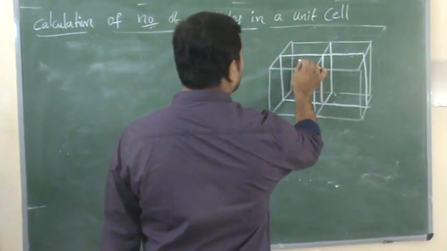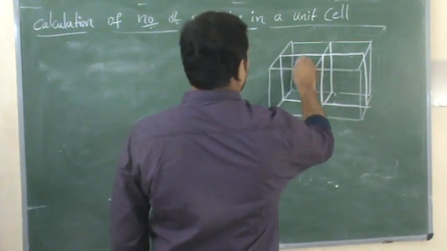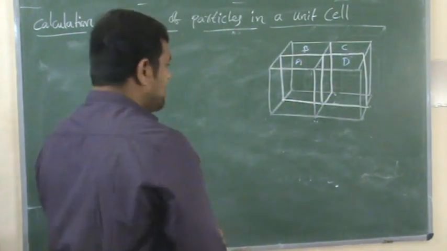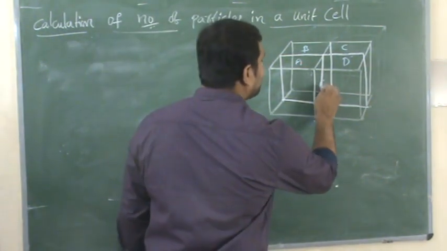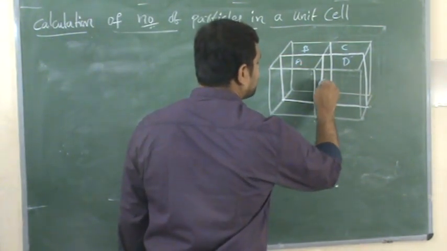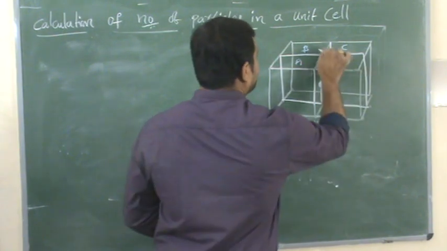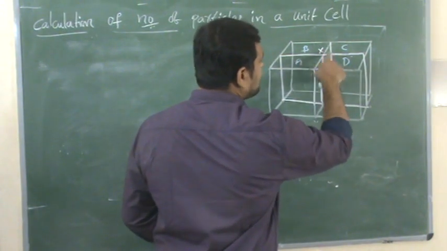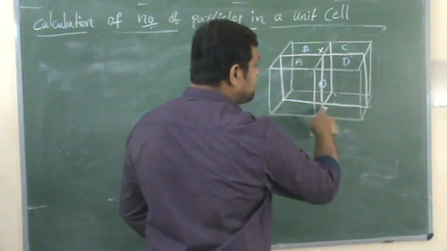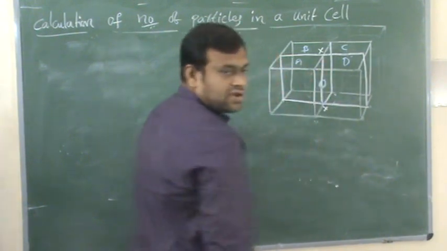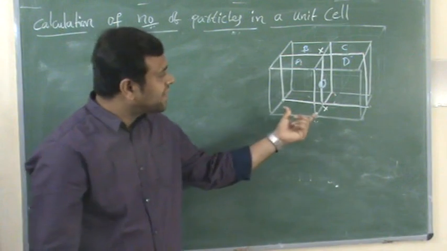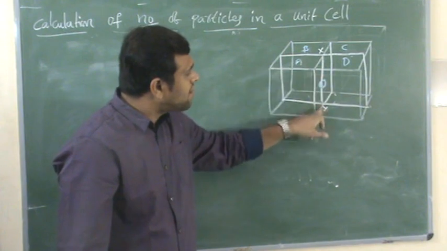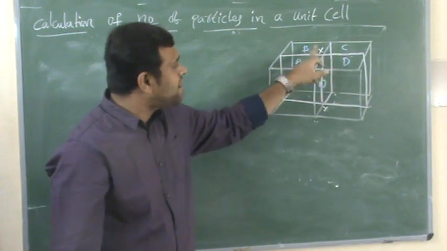Here how many unit cells? 4. A, B, C, D. So I will put a particle on an edge center. See, this XY is an edge. XY is an edge of A and B, C and D. This edge belongs to all the 4 unit cells. Is it correct or not? Observe carefully. The edge XY belongs to all the 4 unit cells.